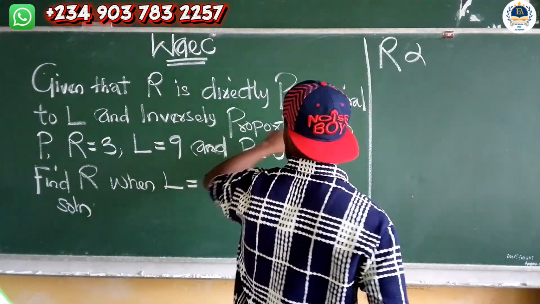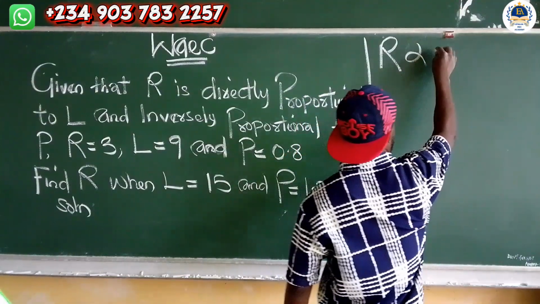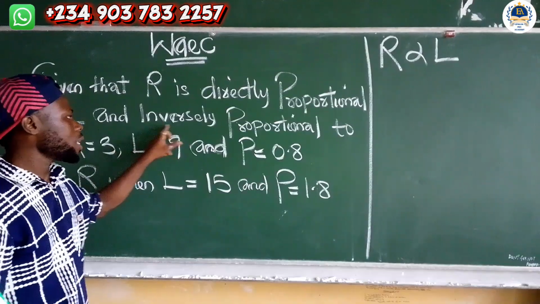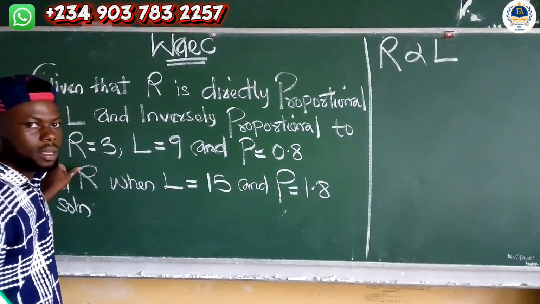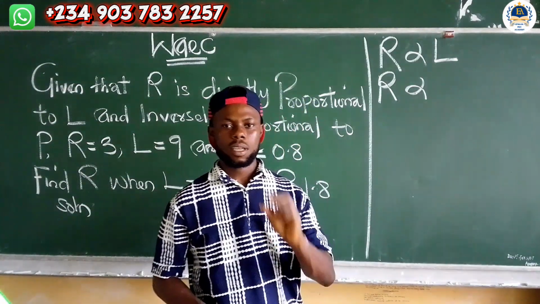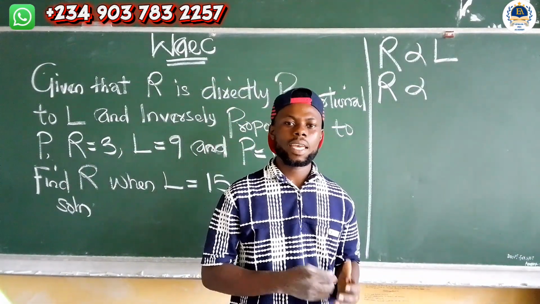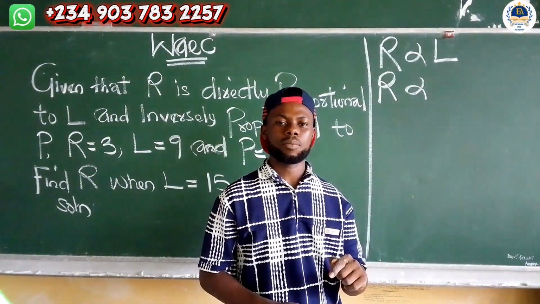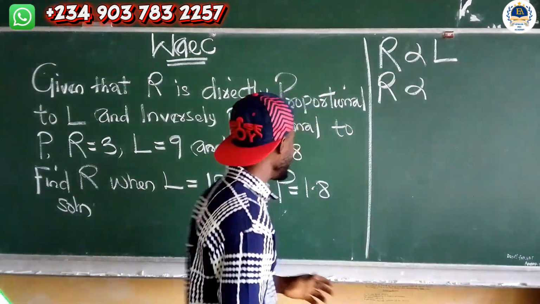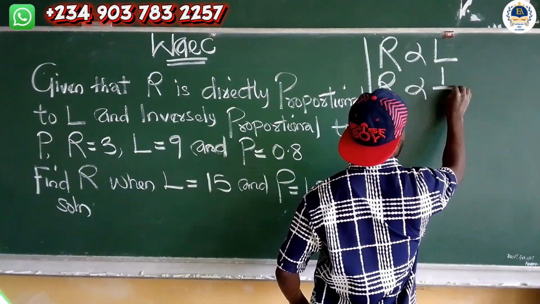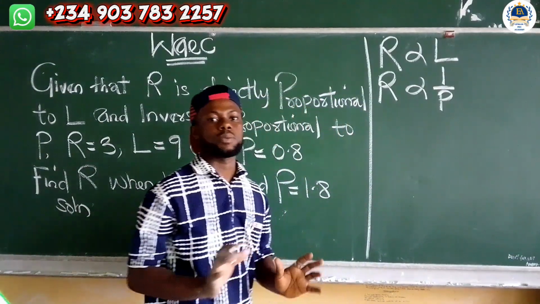And R is inversely proportional to P. Take note, whenever you come across the word inverse in mathematics, or indirectly, it means the same thing. It also means 1 divided by that quantity. So inversely proportional to P means 1 divided by P. That's the meaning of the statement.